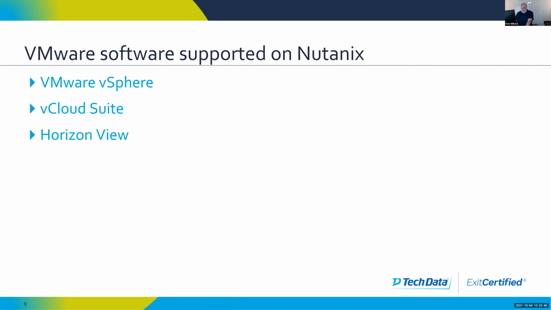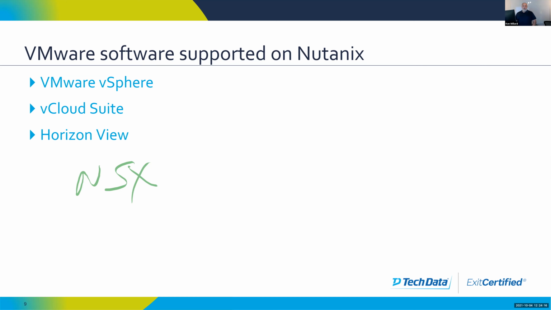So core vSphere, the vCloud suite, and Horizon View. And in my mind, it often becomes something that folks think about as a separate product, but it's kind of implied in the vCloud suite. NSX is on that supported list as well, but it's interestingly not listed as an independent supported product when you look at the documentation.